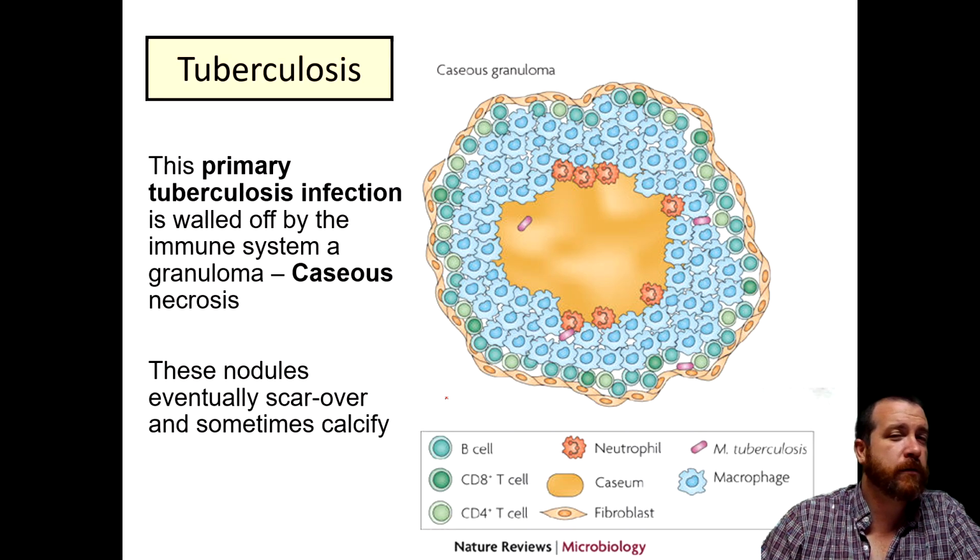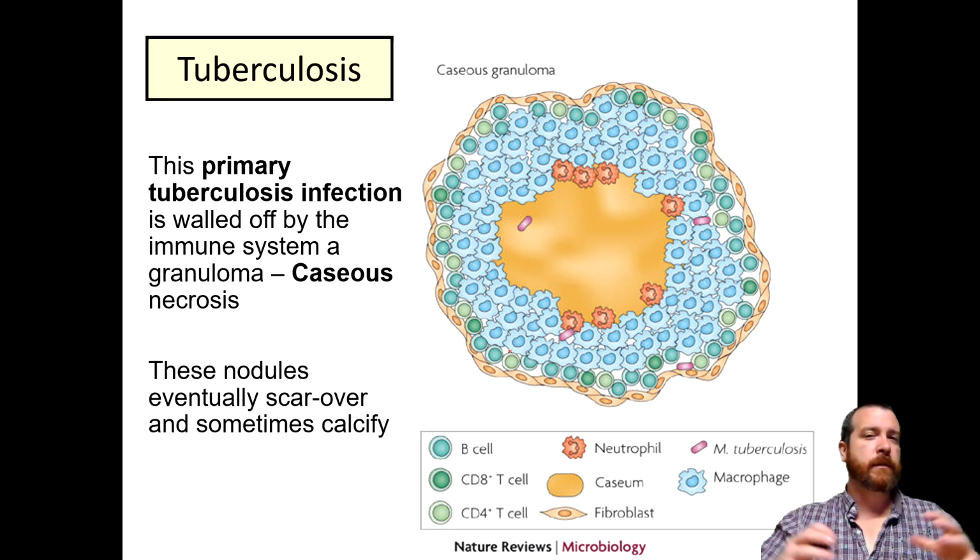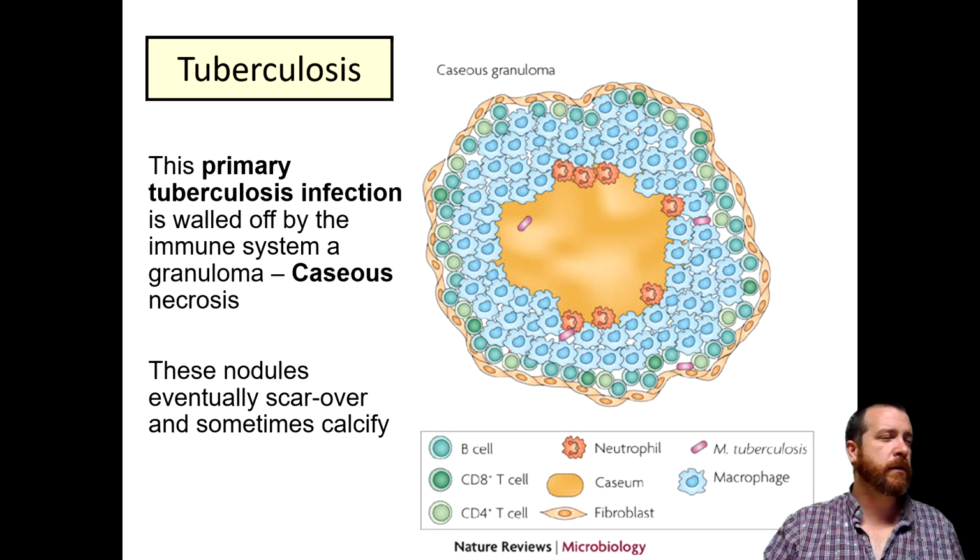Remember, caseous necrosis is this cheese-like material that you'll see pretty much just in tuberculosis patients. This is, hey, we're having a really hard time beating tuberculosis. Let's just lock this tuberculosis in jail, right? Let's just prevent it from leaving this little nodule that it's located in.